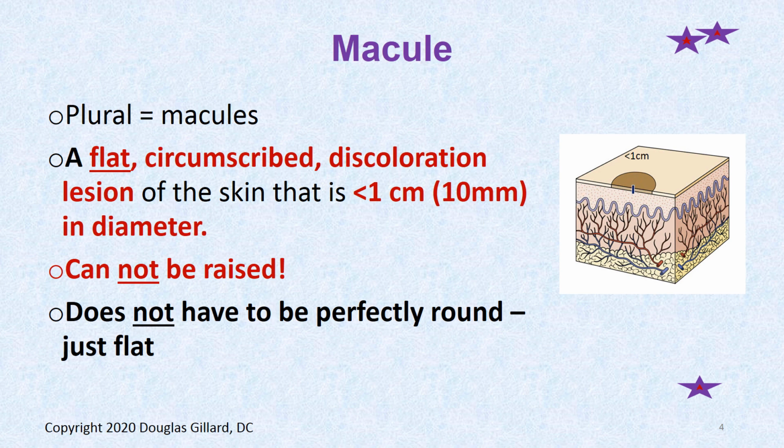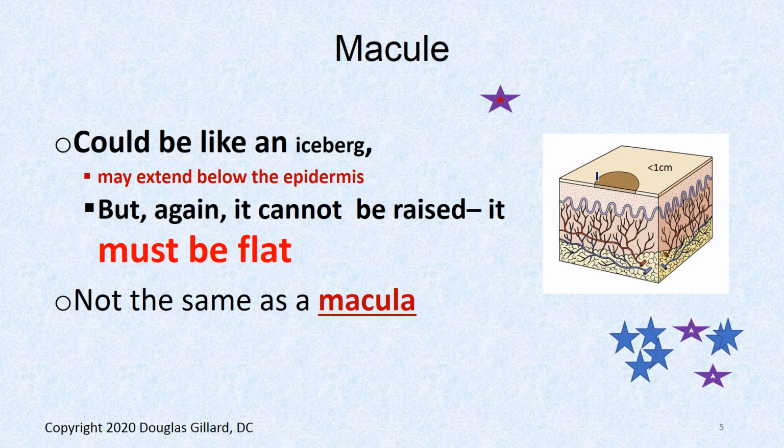If it's raised, it's a papule or a plaque, and we'll talk about that in a second. It doesn't have to be perfectly round. This one's fairly round looking, and it doesn't matter how deep it is. It just has to be flat and less than 1 centimeter, or less than 10 millimeters. Got it? Pretty simple. It could be like an iceberg. It could extend way down like this, but it doesn't matter as long as it's flat.